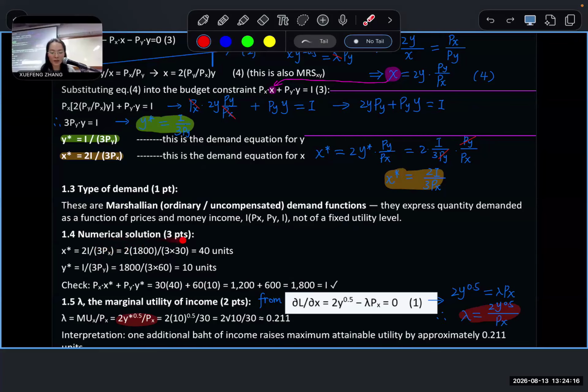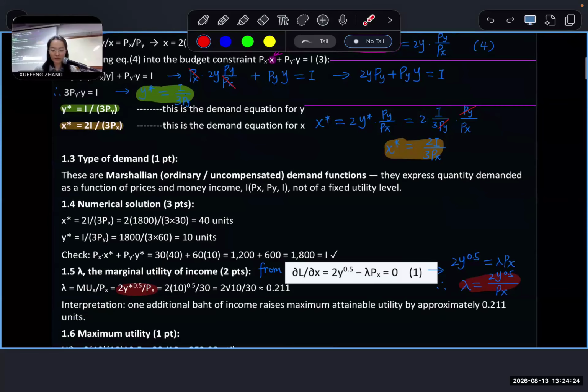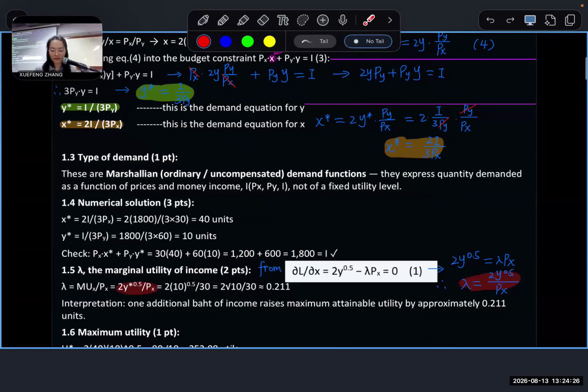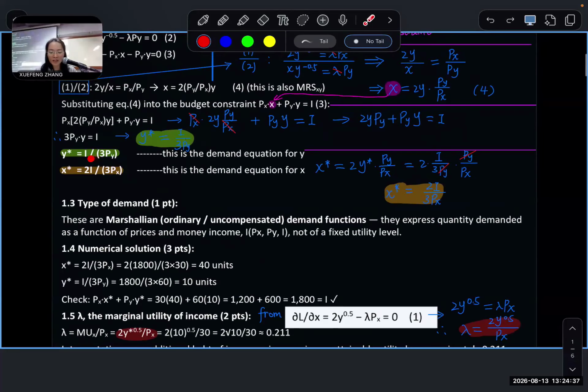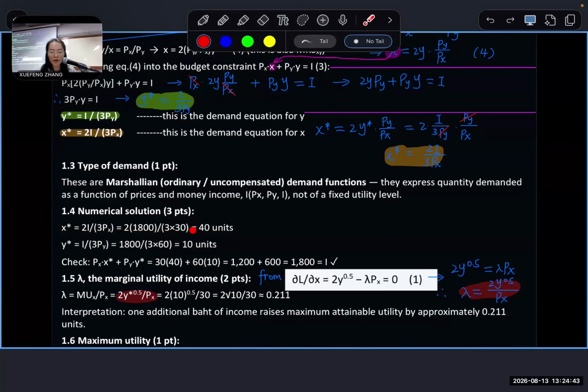Basically, you just plug in the numbers, right? What is Px? What is Py? Px equal 30, Py equal 60, I equal 1,800. You just plug in numbers into X star and Y star, right? You get the answer. X star equal 40 units, Y star equal 10 units.